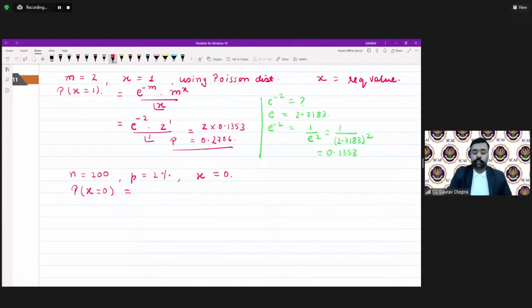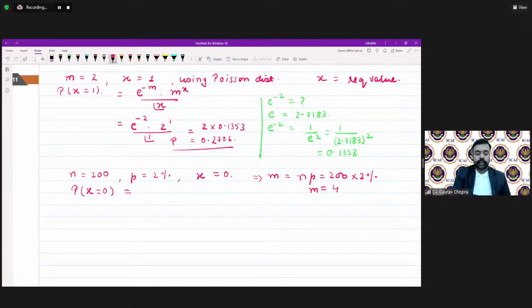So for Poisson distribution, we always require mean. So we will calculate mean as n multiplied by p. So 200 multiplied by 2%. So what is 2% of 200? It is simply 4. So mean is equal to 4.